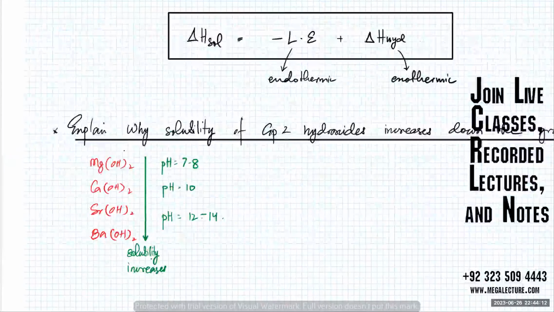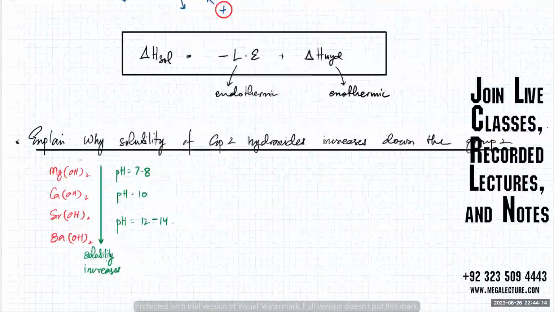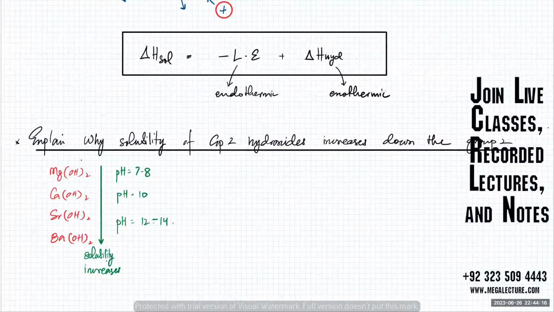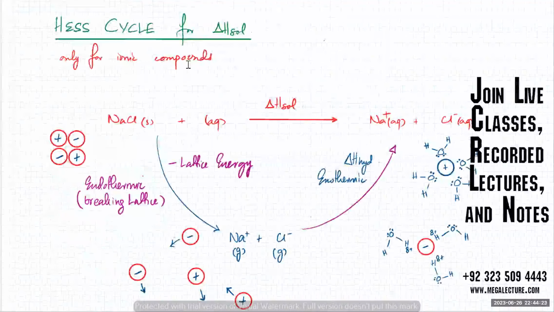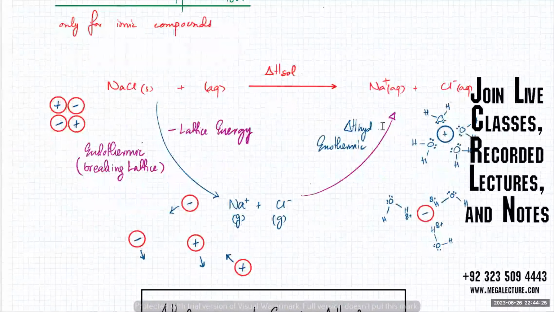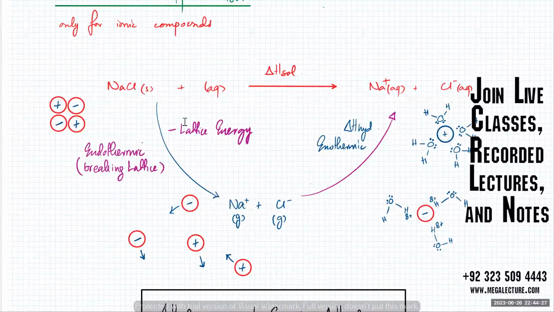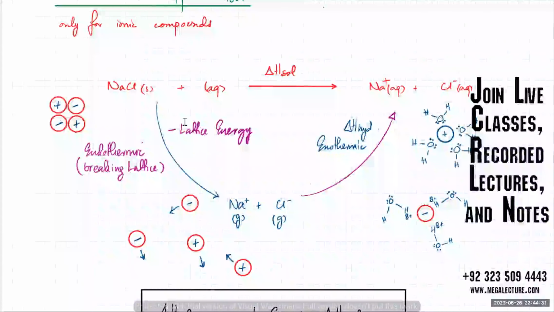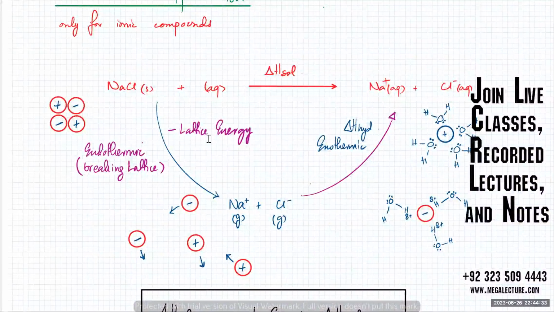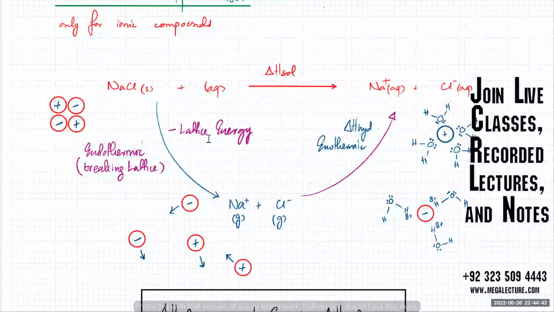Now you have to explain why the solubility increases. So what you're going to write is, if the solubility is increasing, which part is going to be bigger? If the solubility is higher, is breaking the lattice going to be easy or more difficult? Easier.